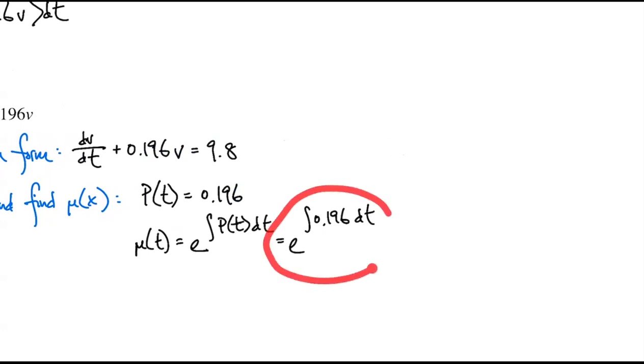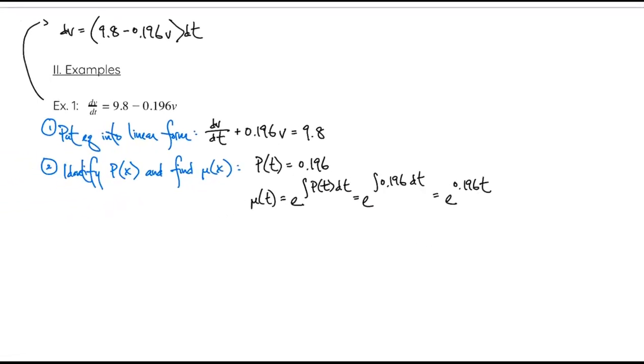Most of the time, the integral you get here in the exponent is just a basic constant one, maybe the power rule, or a very short u-sub, but nothing too crazy. When we integrate this, we end up with e to the 0.196t. We're leaving the constant out right now because we know it's going to get absorbed in all of the other computations we do.